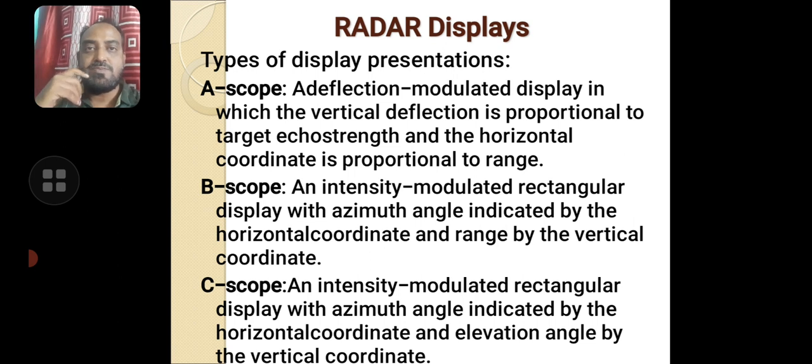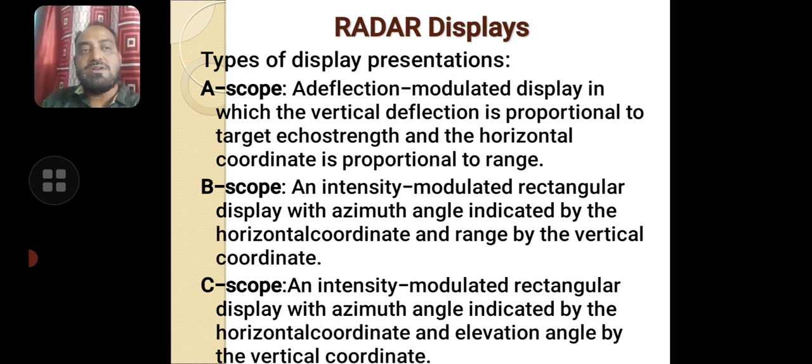That is A-scope. Coming to another version, B-scope is an intensity modulated rectangular display with azimuth angle indicated by the horizontal coordinate and range by the vertical coordinate. By this, what we understand is that wherever we need to know the direction and range, we should go for B-scope.